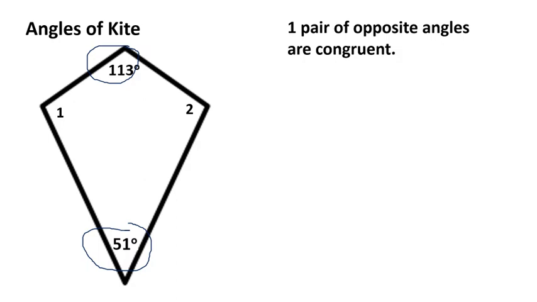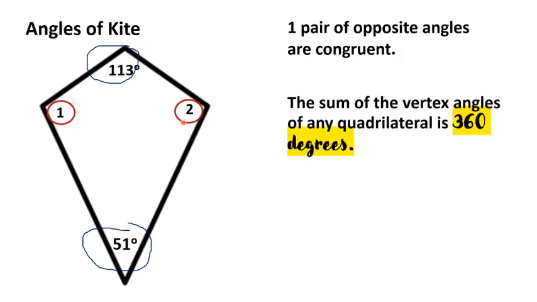Therefore, the pair of opposite angles that we are looking for here is angle 1 and angle 2. So ito yung tinutukoy natin na pair of opposite angles na congruent. We can conclude that angle 1 and angle 2 are congruent.